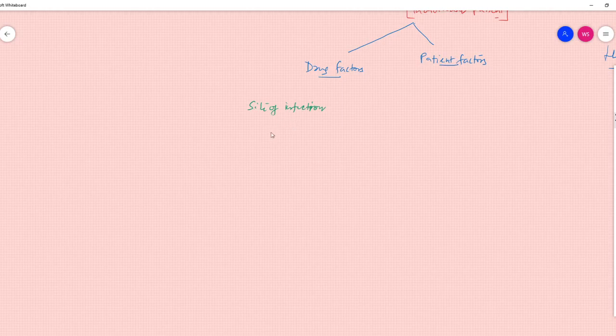Okay. So the drug should access the site of infection. Suppose the site of infection is the CNS. Then the drug that we select should cross the BBB, the blood-brain barrier, and reach the CNS, meaning this drug should be highly lipid soluble.